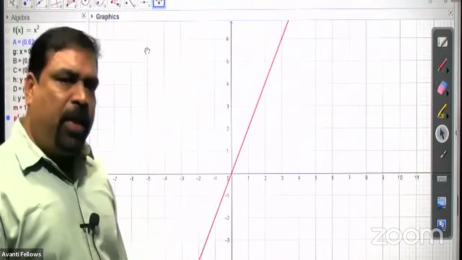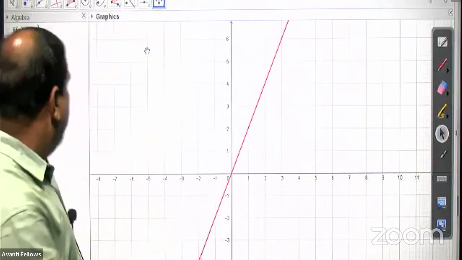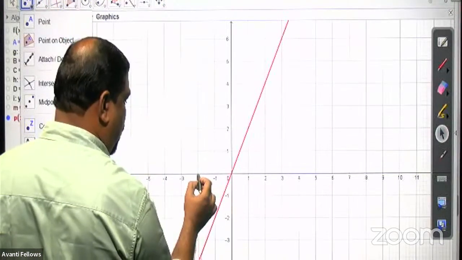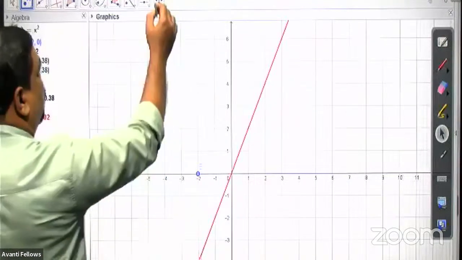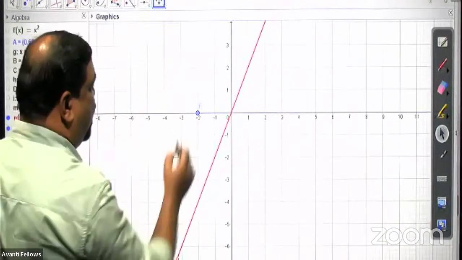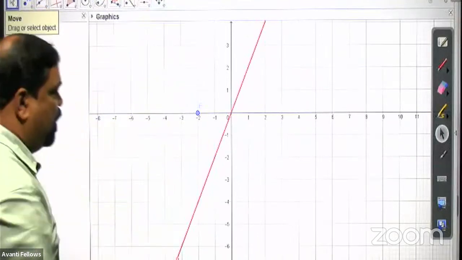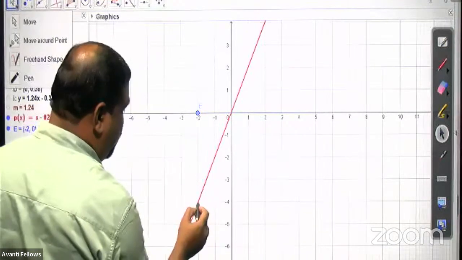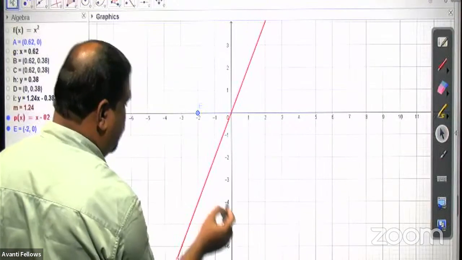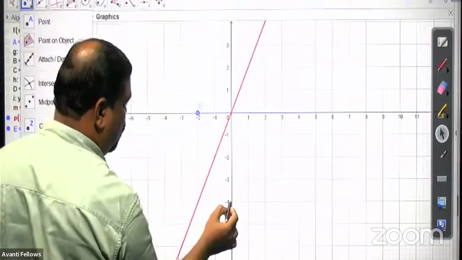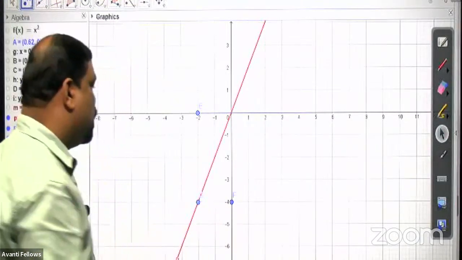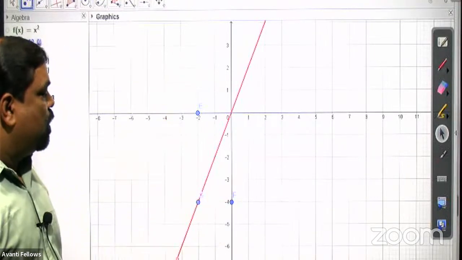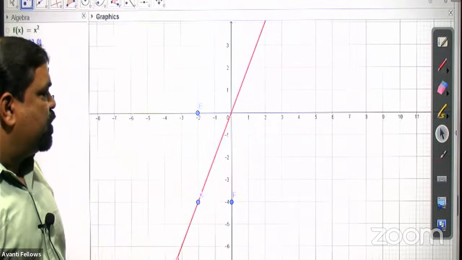From the graph, you can observe that if I take some point, x equal to -2, the corresponding value of the function will be here, -4. So when x equal to -2, the function value is -4.